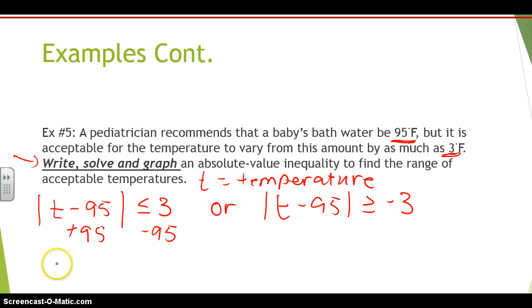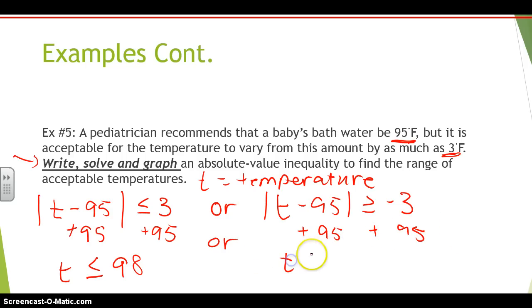So for this first one, T is going to be less than or equal to 98. Or adding 95, T is going to be greater than or equal to 92.